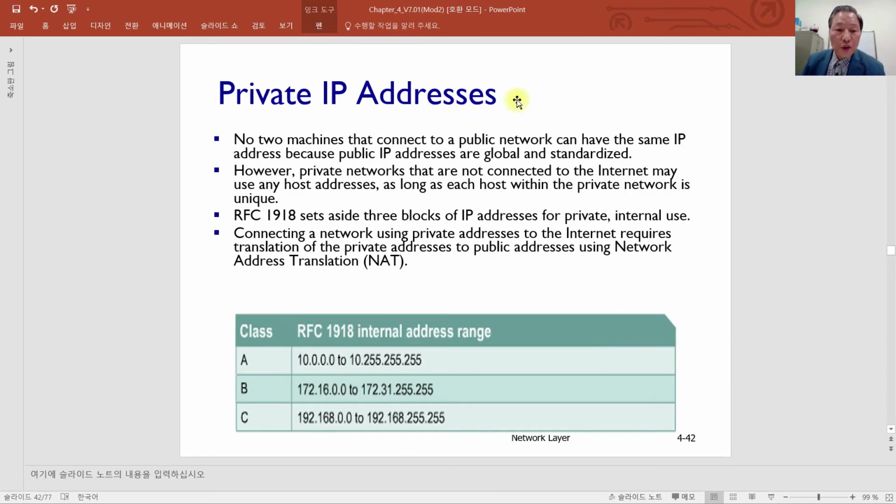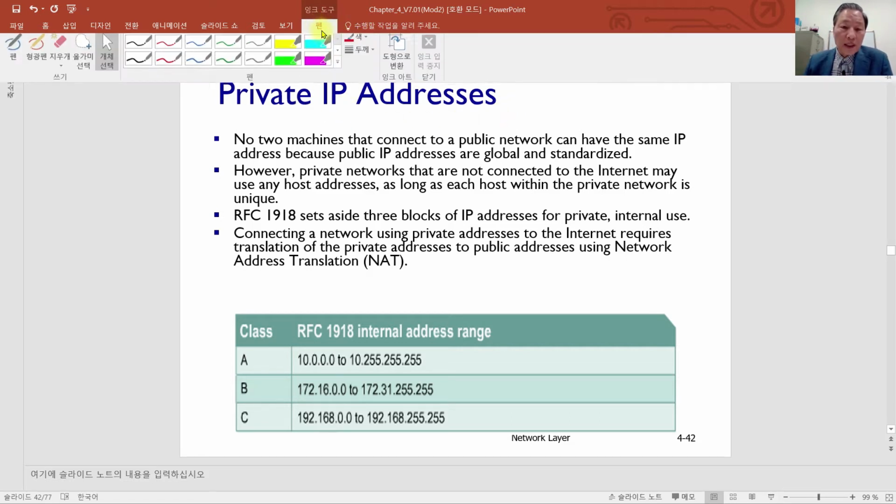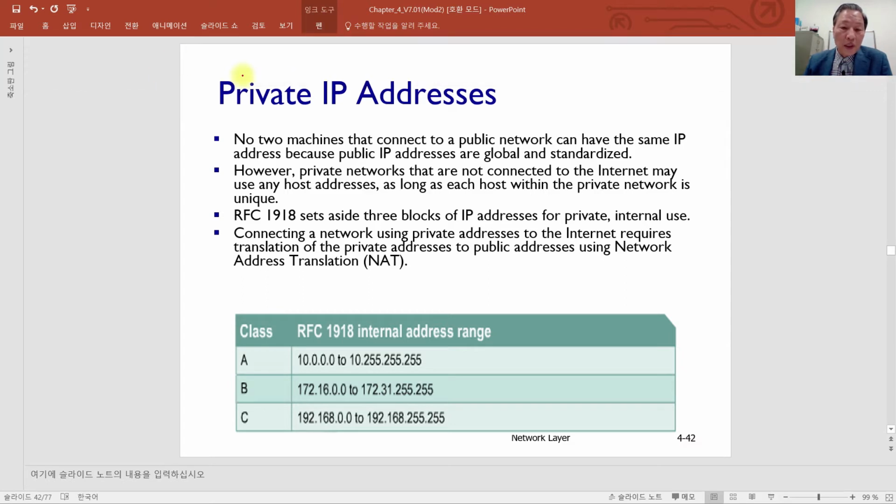Also, we should remember private IP addresses, because we are using these private IP addresses almost every day. We are using them in our house, campus network, or company network. What is this private IP address? This slide is from Cisco's CCNA textbook.